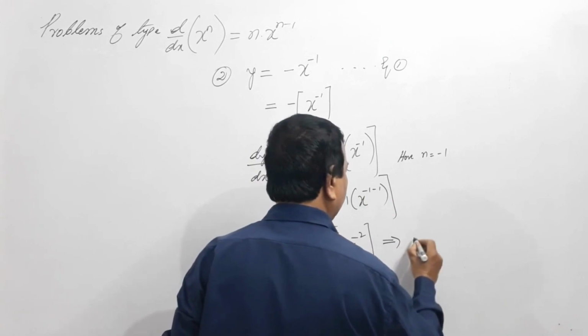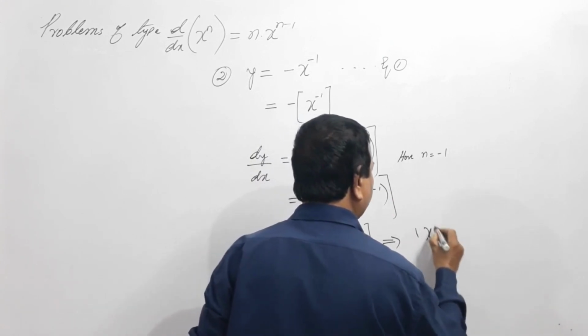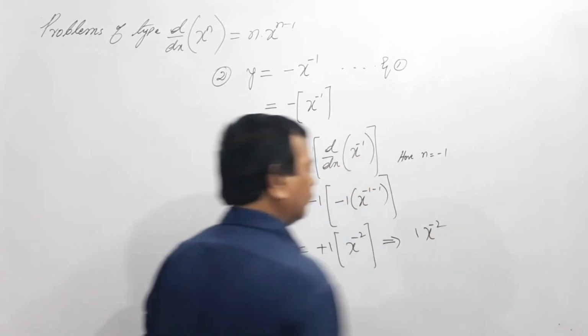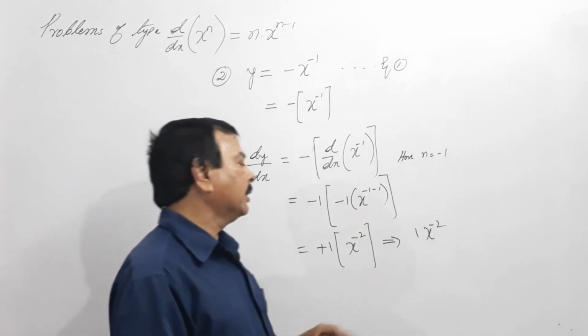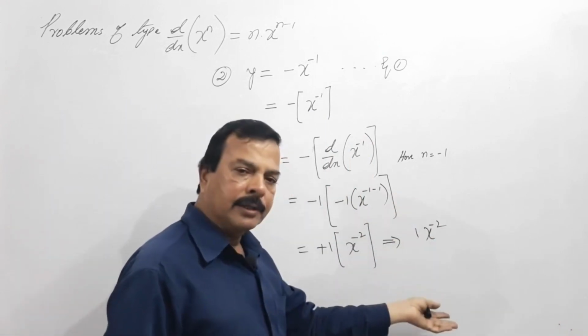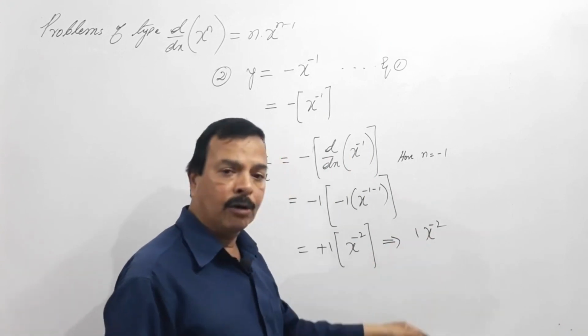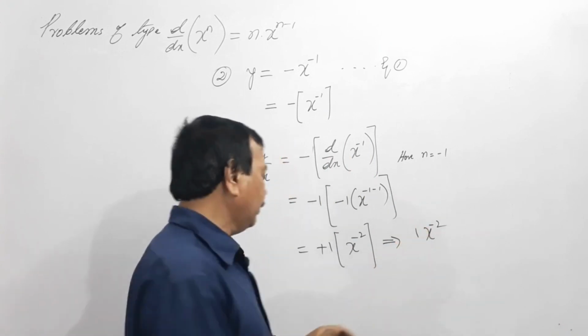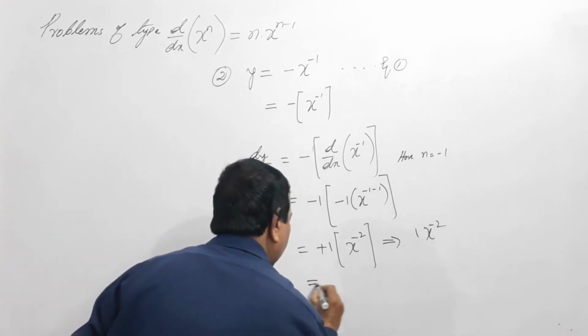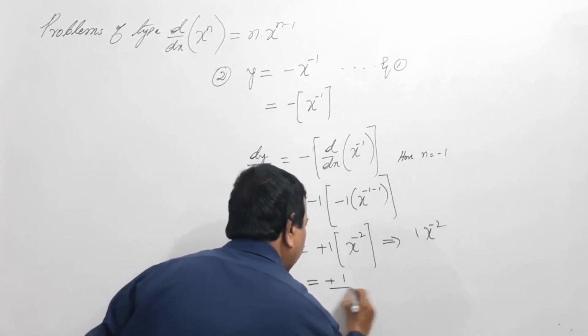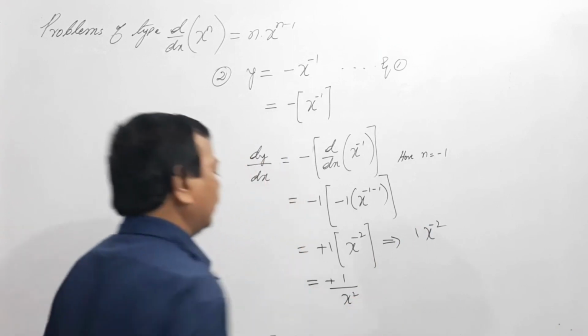So this is nothing but 1 into x to the power of minus 2. So you can leave it as it is, or you can further simplify this. If I push this to the denominator, it becomes plus 1. So this also equals plus 1 by x to the power of 2.